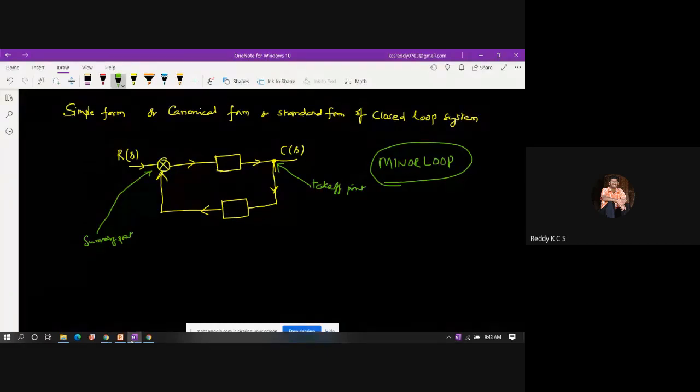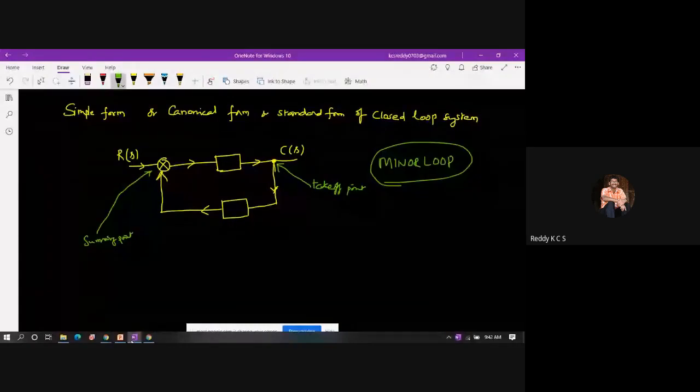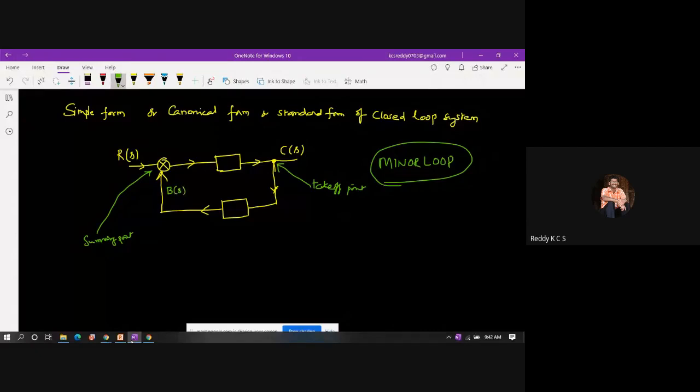As we discussed, the feedback signal is taken as B of S, and the error signal is taken as E of S, because I am representing in the frequency domain. Once again, there are negative feedback systems and positive feedback systems, so I'll take the sign here, either negative or positive, minus or plus.